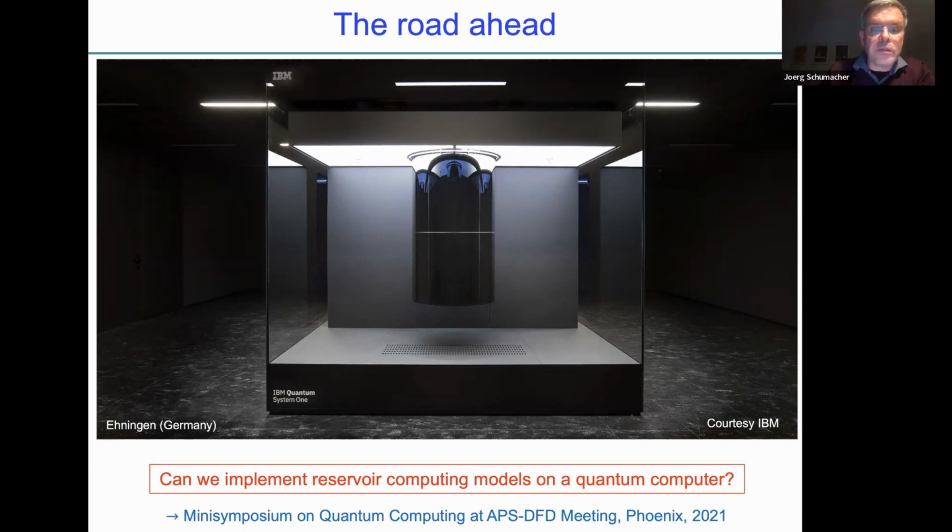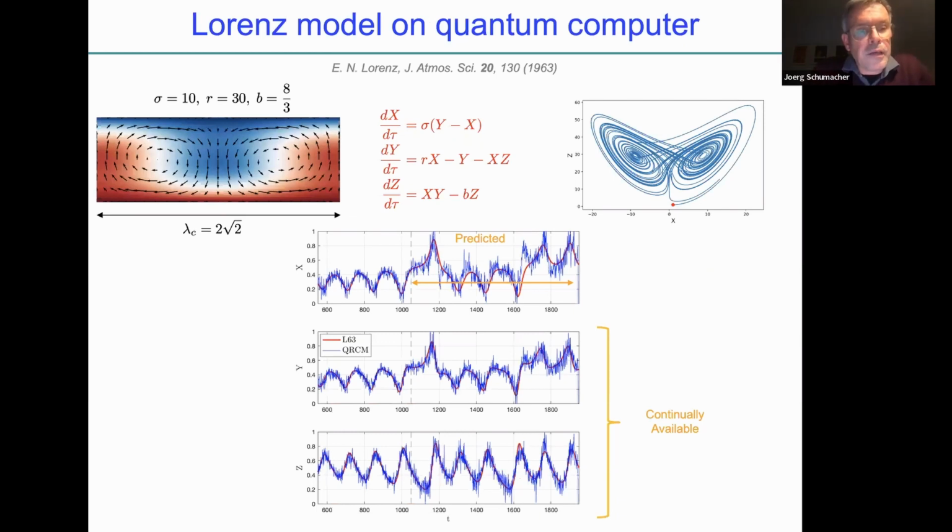And indeed, what we have done is we have tried to simulate the Lorenz model, which is a very simple model of a turbulent convection flow, by a quantum reservoir computing algorithm. The problem was further simplified by just learning 1 degree of freedom and having the other 2 degrees of freedom continually available.